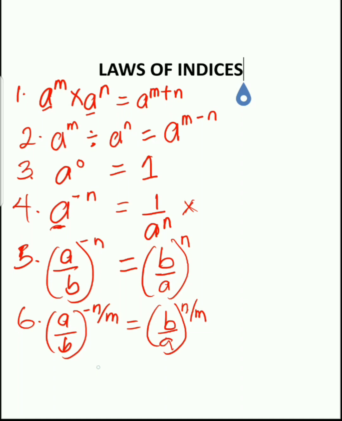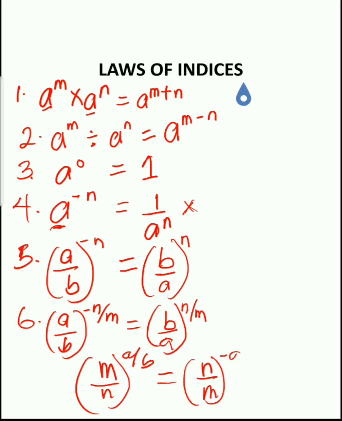For instance, if we have (m over n) all raised to the power of, let's say, a over b, and you need to make this power negative, then you invert the base. It becomes (n over m) all raised to the power minus a over b. And so, the same way you move forward, you can also move backward. So, we make negative power become positive, and we can also make positive power become negative.